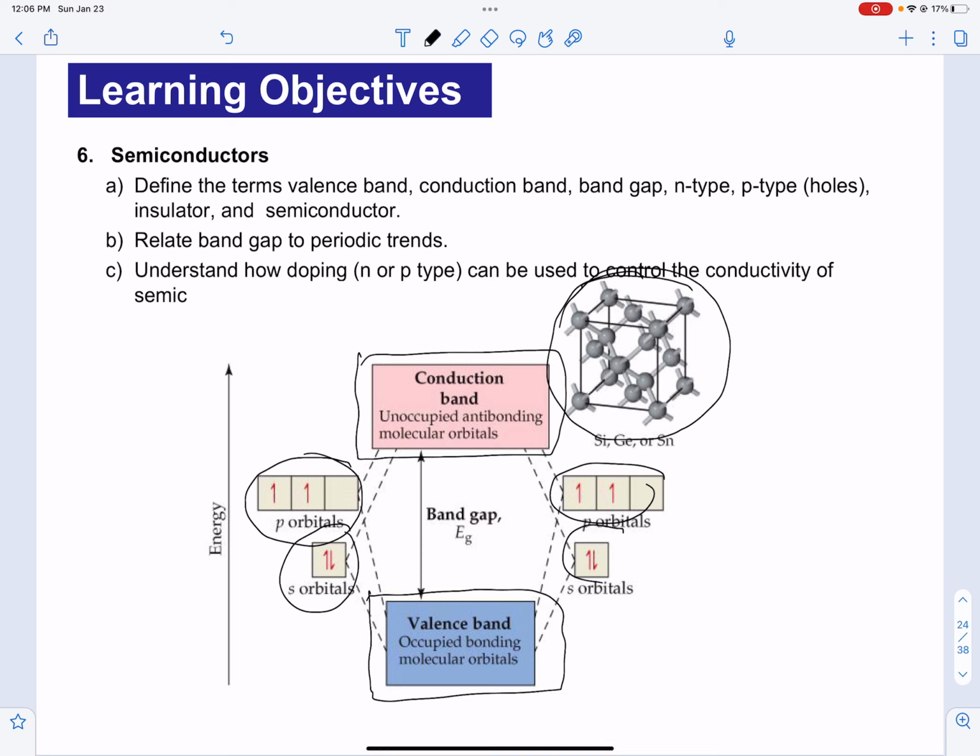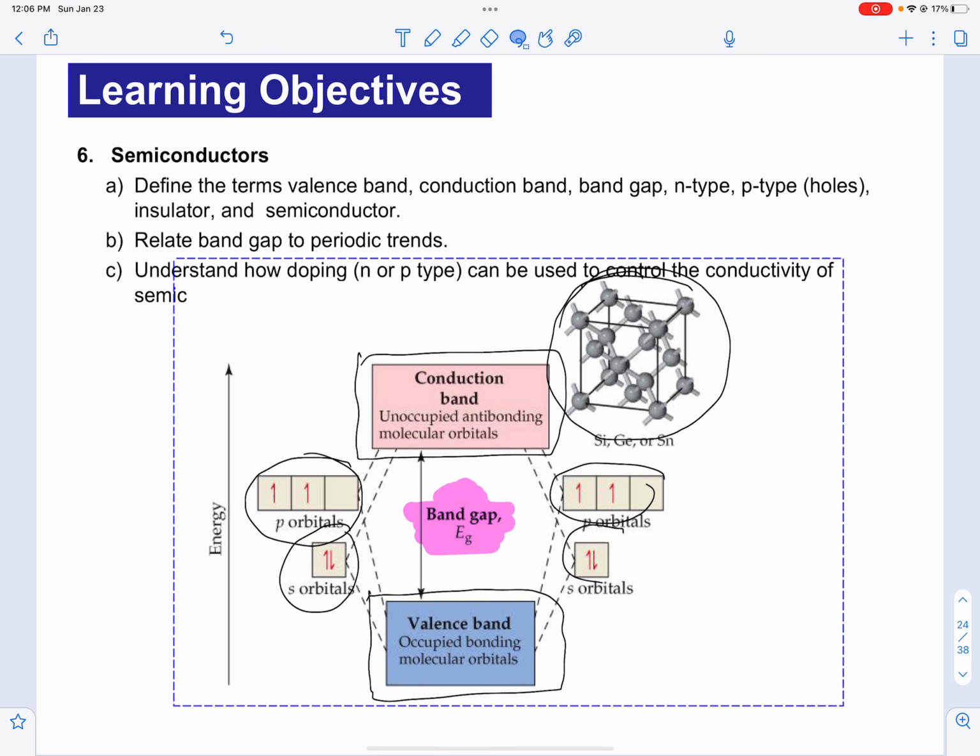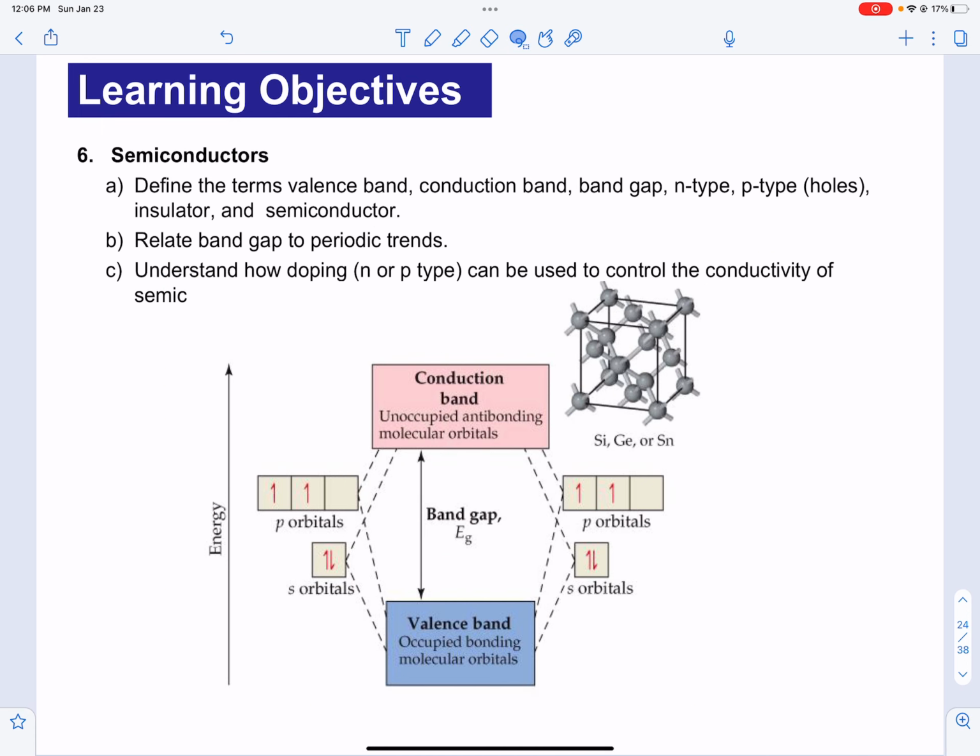And there's an empty space in between. So once more, you're going to have electrons in here, and those electrons have energy.